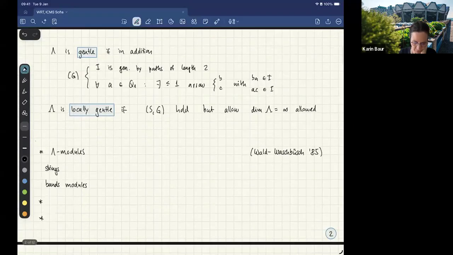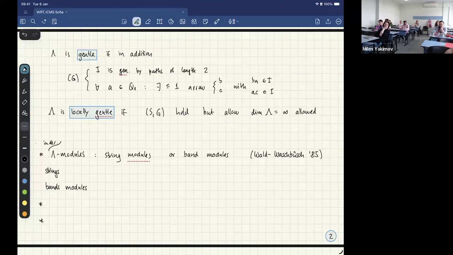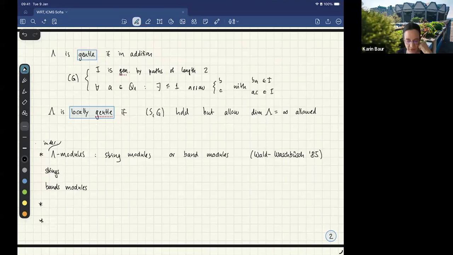So let me just mention a few results. The indecomposable lambda modules are string modules or band modules. A string is a word in the arrows and in the inverse arrows.